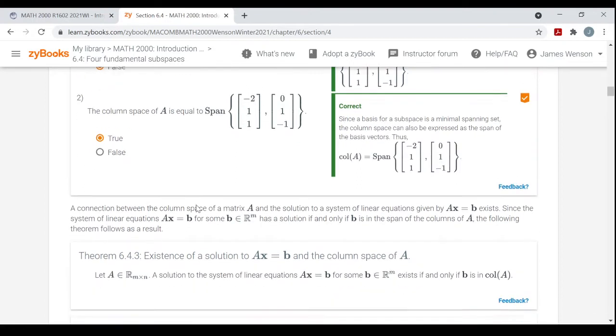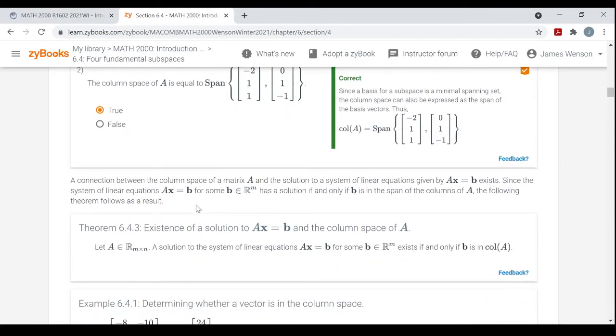All right. Now I said earlier, when you multiply an m by n matrix by some n by 1 column vector, you get an m by 1 column vector, and multiplying a matrix by a column just gives you a vector from the column space of the matrix.